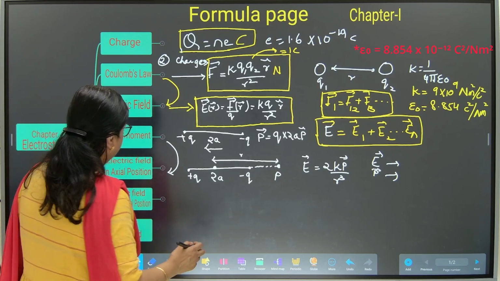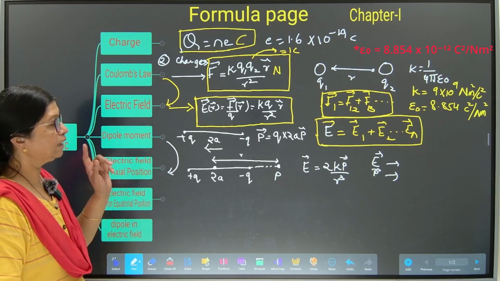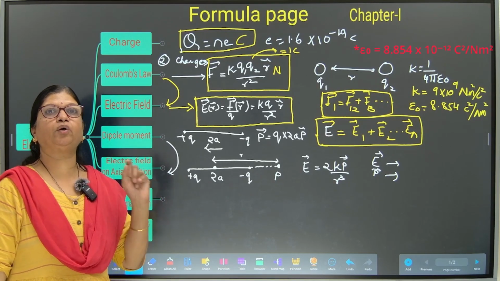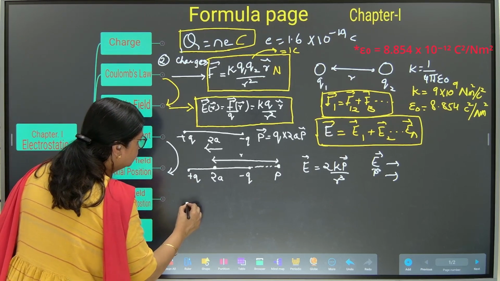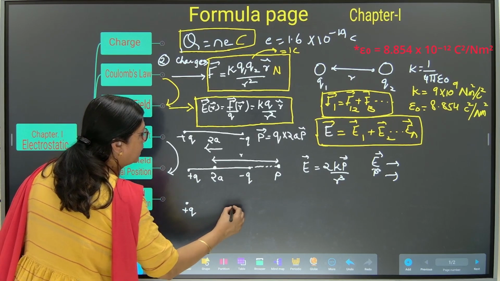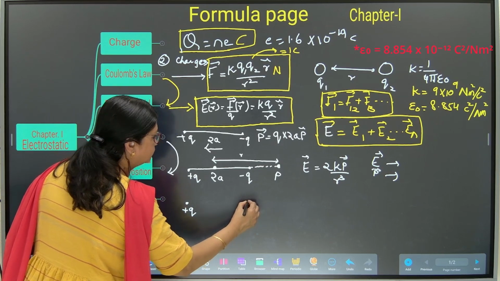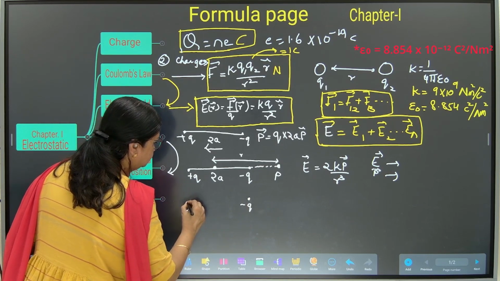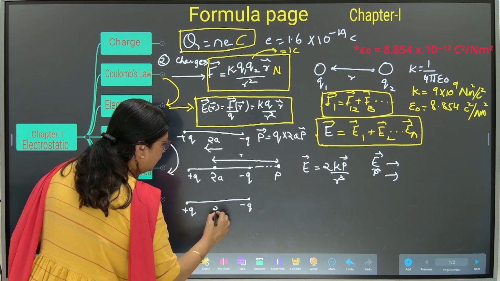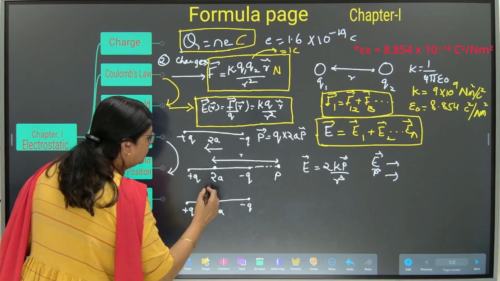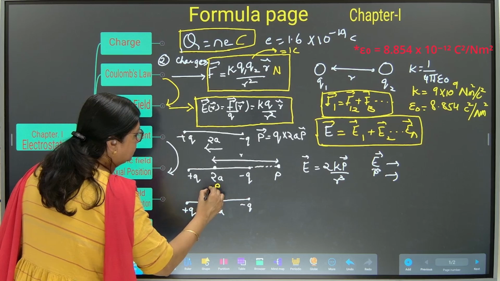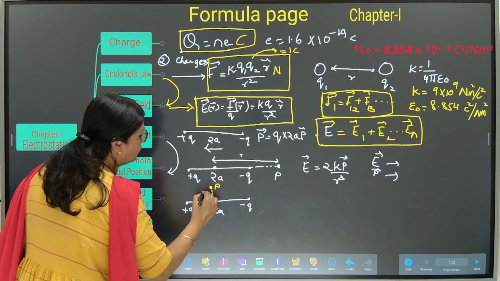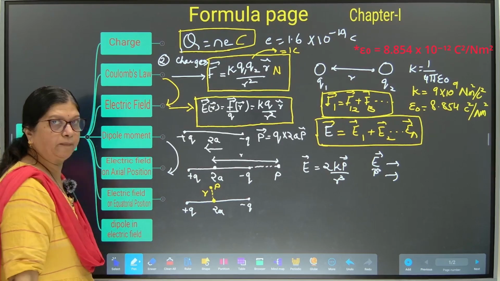So now let us find out the electric field at a point on the equatorial plane. So let us draw the dipole again with a distance of 2a between them, and in the equatorial plane let us consider a point P which is at a distance of r from the center of the dipole.